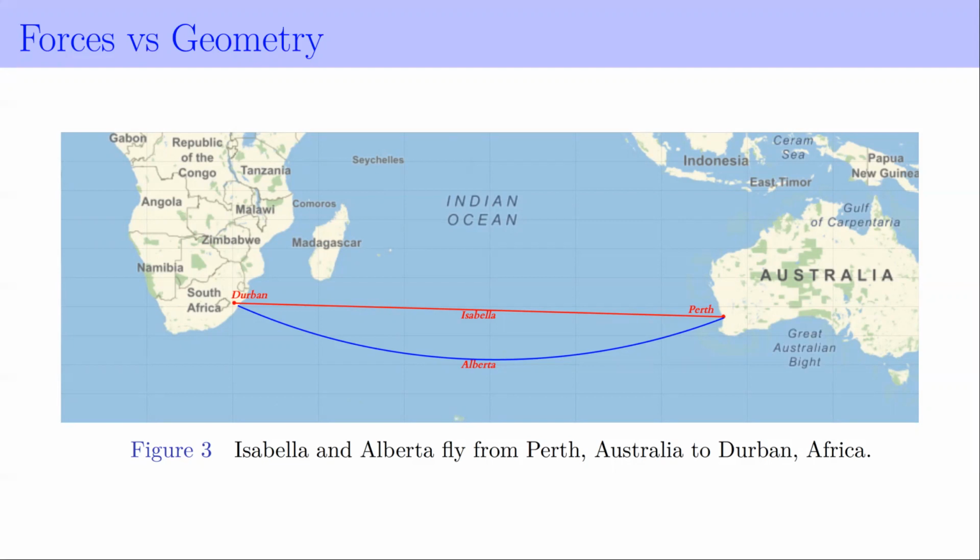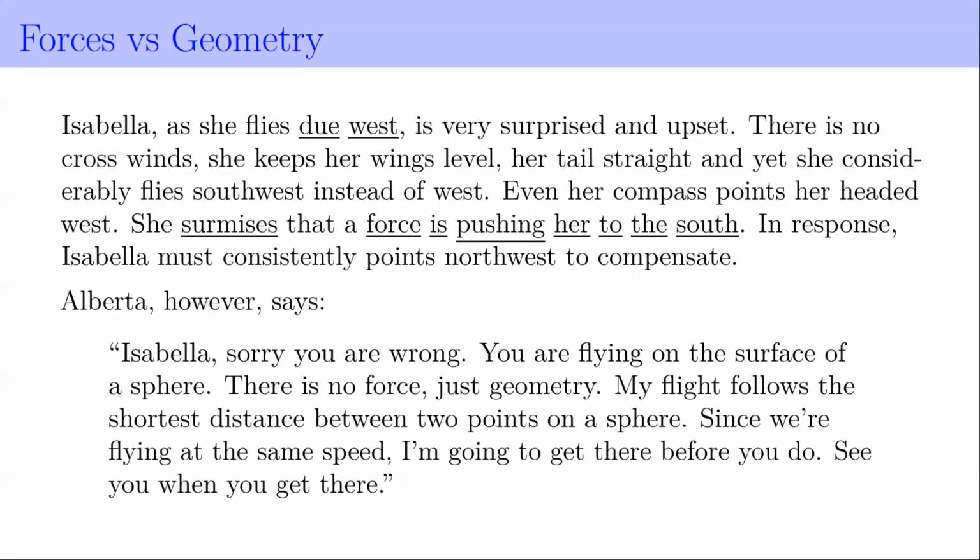Isabella takes off in Perth, points directly west, and starts flying. As she flies due west, she's very surprised and upset. There's no crosswind. She keeps her wings level, her tail straight, and yet she considerably flies southwest instead of west.